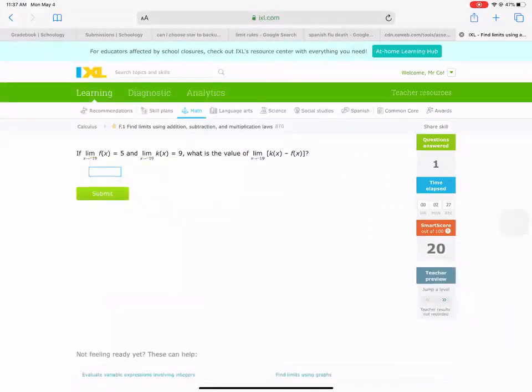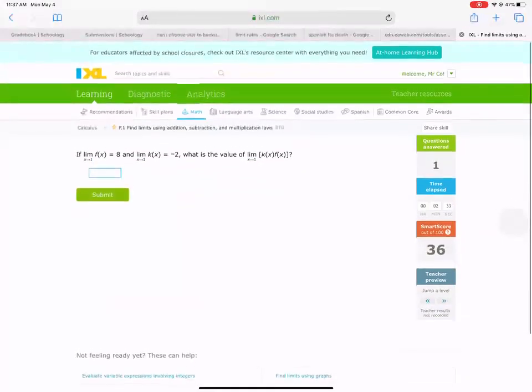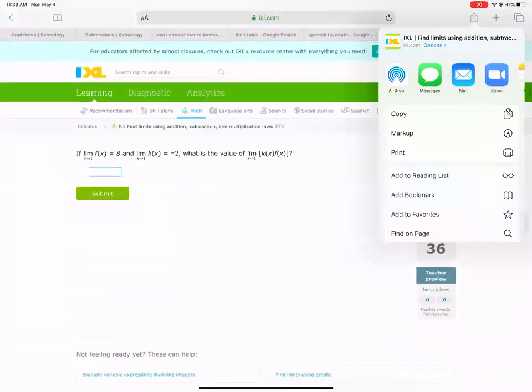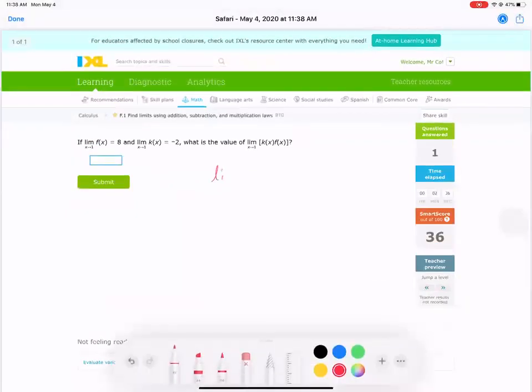Okay, what if I subtract? We follow the same rules for subtraction. Let's jump up to something a little harder. Multiplication, the limit as x approaches 1, we're going to split it, and the limit as x approaches 1 of f of x. Guess what? We have both of those already given. Because we don't have the overall one, we had to separate them first using our rules.